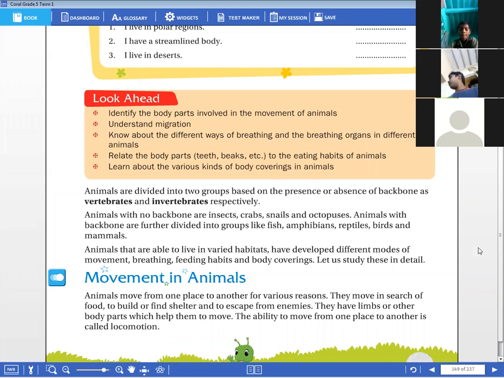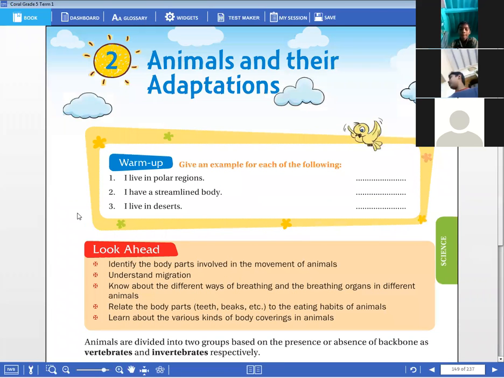Animals and their adaptations. First word, adaptation. Streamlined.